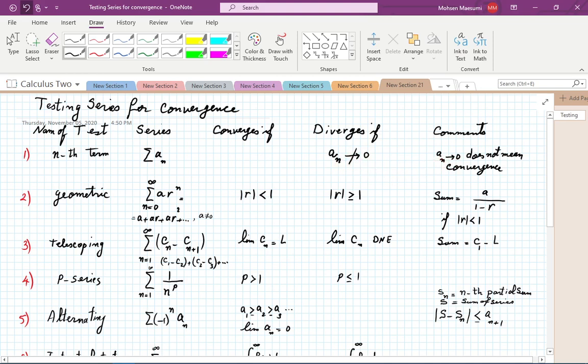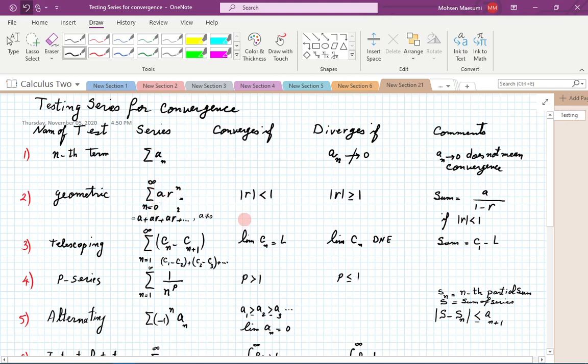The most important series perhaps in this section is the geometric series. That was a series made by starting with a number, and every time you multiply by a fixed multiplier and add up all the terms. The general form is a r to the power of n, starting from 0 to infinity.